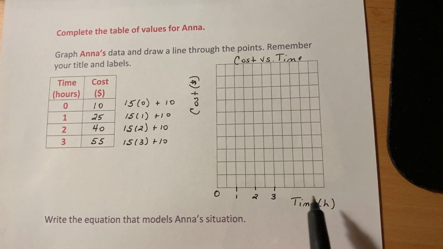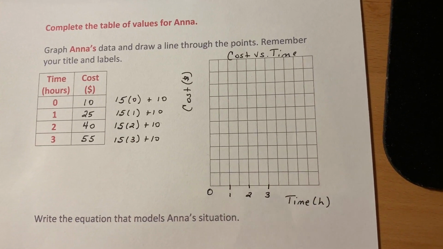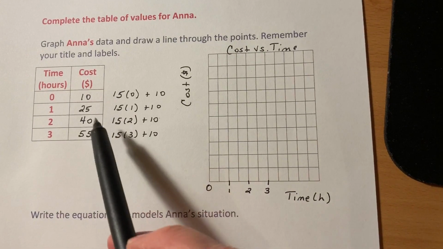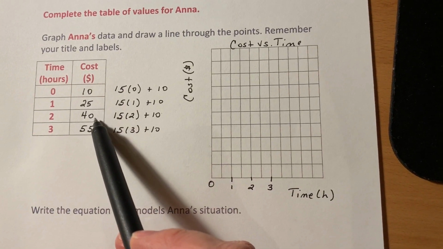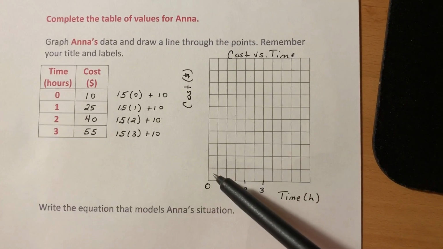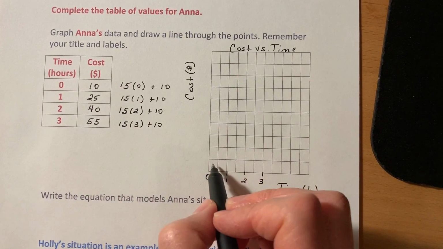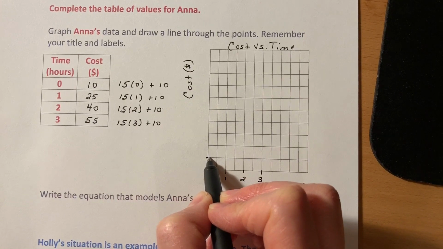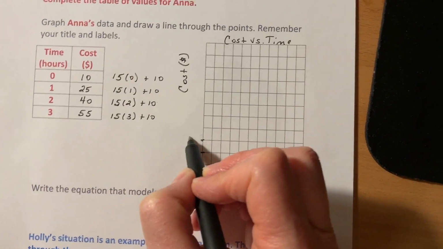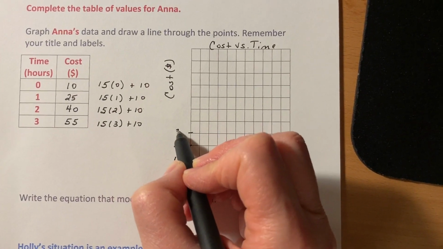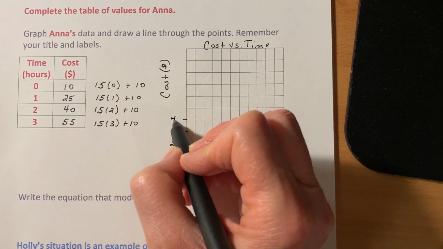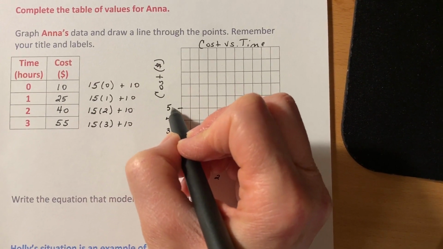You don't have to go by a spacing of 2, whatever you decide. And then I'm going to decide what I want to go by here. Maybe I'm going to go by tens, and this time maybe a spacing of 1.